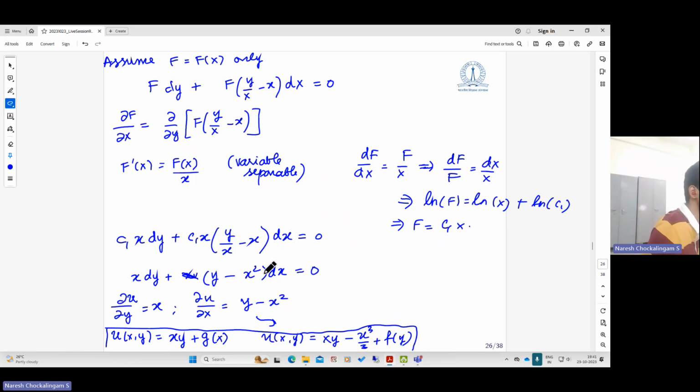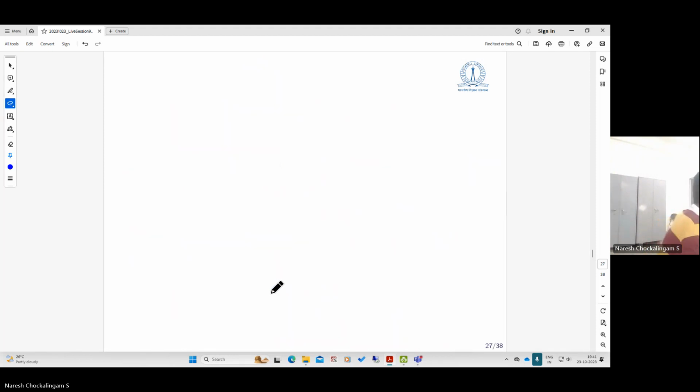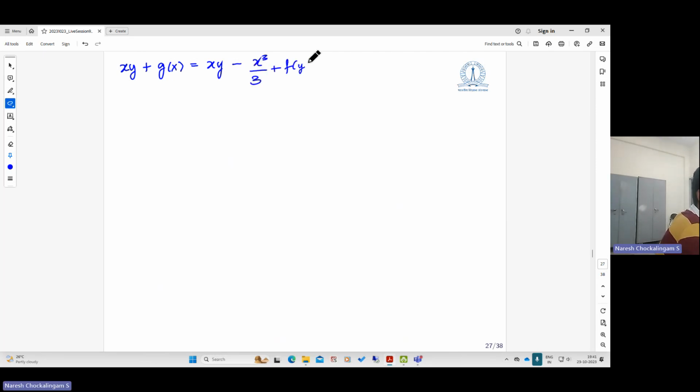Equating the two, we get xy minus x cubed by 3 plus f of y, which means g of x is minus x cubed by 3 plus f of y.